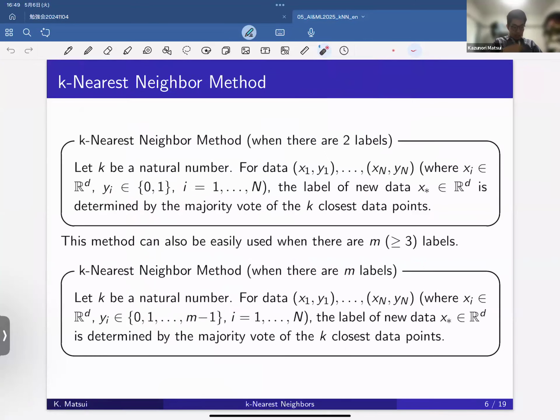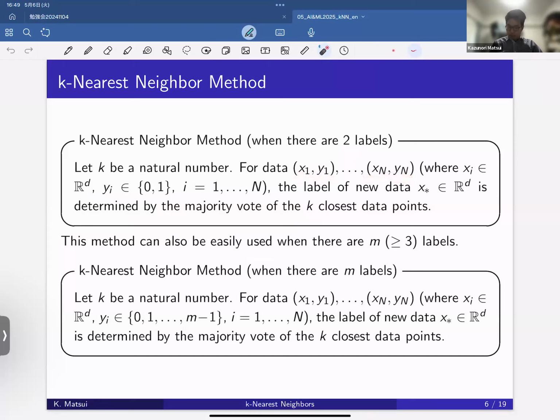I'll now explain how classification is performed using the k-nearest neighbor method. First, let k be a natural number. Let's assume we have data (x1, y1), (x2, y2), and so on up to (xn, yn).